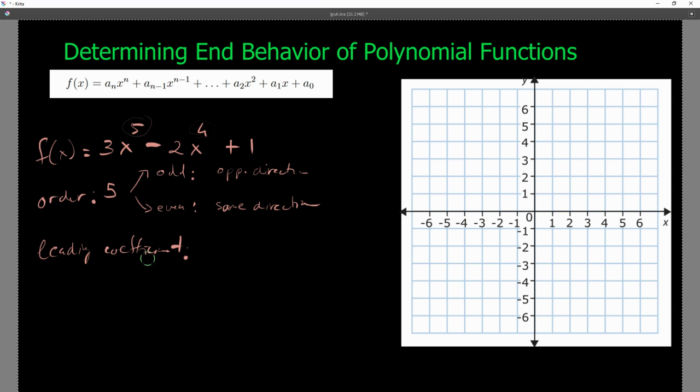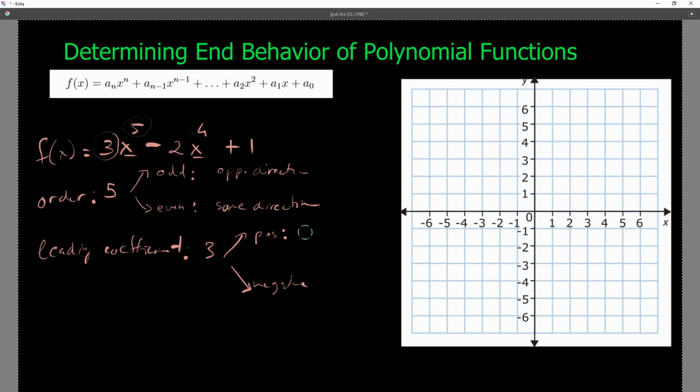Now the leading coefficient is the coefficient in front of the x with the largest exponent. You look at this x here and this x here. Which one has the largest exponent? This one. You look at the number in front of it, and it's a 3. So the leading coefficient is 3. Now, it's different when it's positive, and different when it's negative.